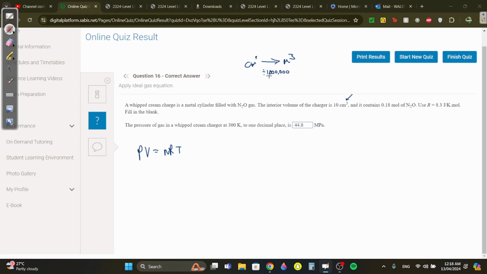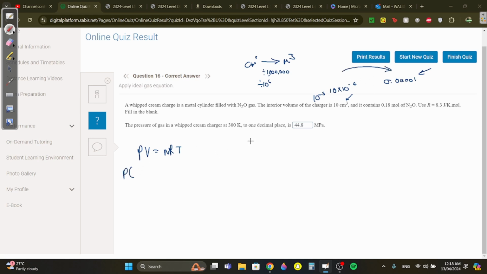Or you could just divide by 10 to the power 6. Whatever you want. So 10 times 10 to the power of negative 6, which is the same as 10 to the power of negative 5, because I'm not going to put 0.00001. But this is the volume we're going to use.